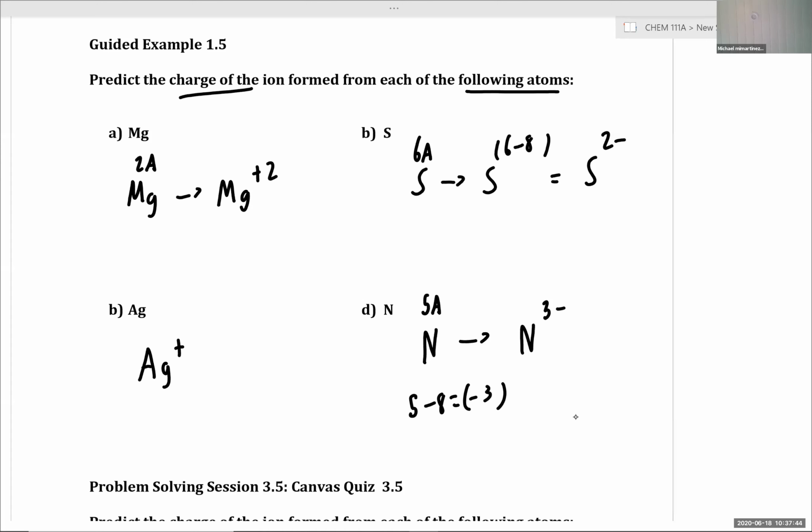For the other transition metals, it varies depending on what compound that transition metal is a part of. Does that make sense? So you don't have to, quote unquote, know all the transition metals. You just have to know how to calculate their charge using some rules that I'm going to teach you later on in this chapter.